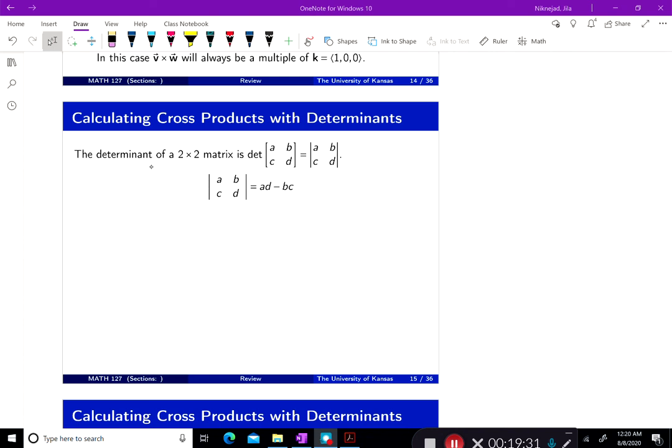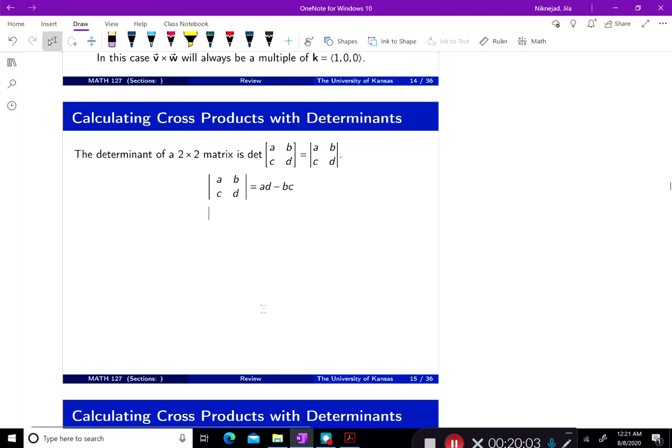A determinant of a 2 by 2 matrix A, B, C, D is shown by these two lines around A, B, C, D, and that would be A times D minus B times C. So A times D as in the diagonals, minus B times C.